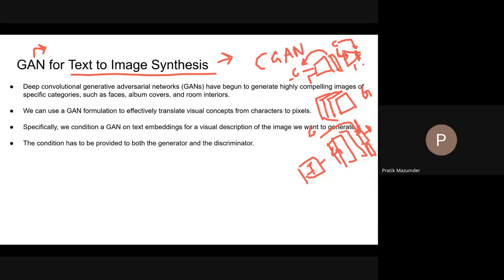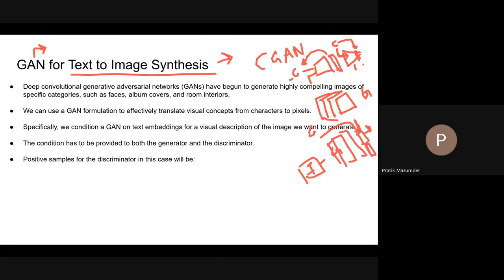But at the end, your discriminator will give you true only if you have generated the correct image for the correct label or correct condition. Even if you're generating a correct MNIST image, but you're not generating the image for the required condition, then it will give you a false. So it's not only looking for correct images, but also for images that follow that particular condition.